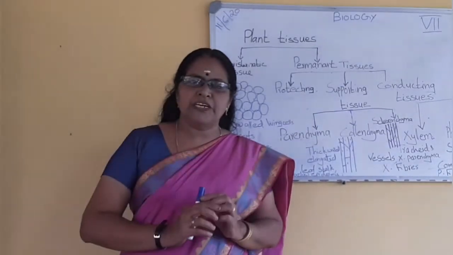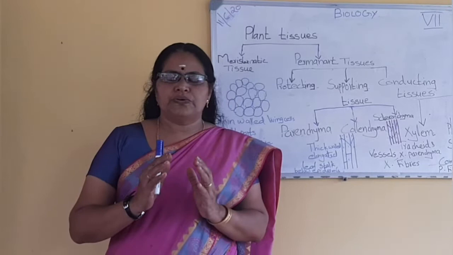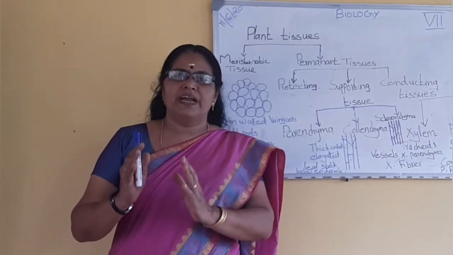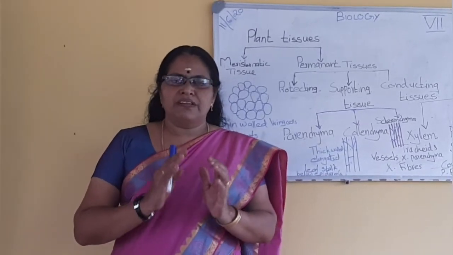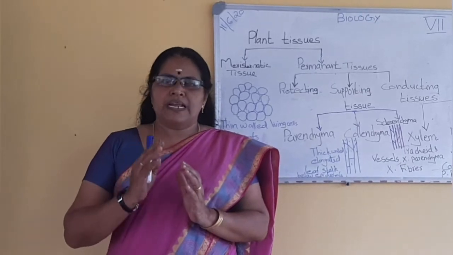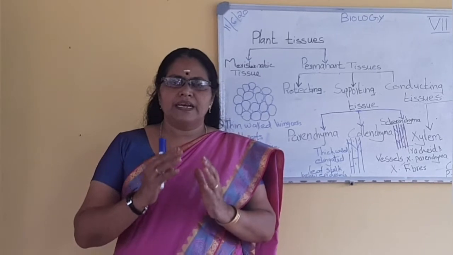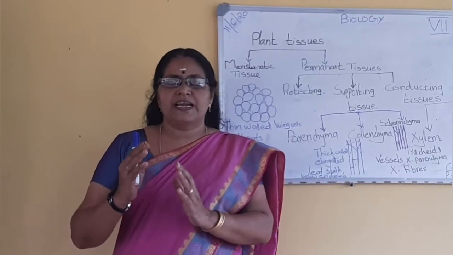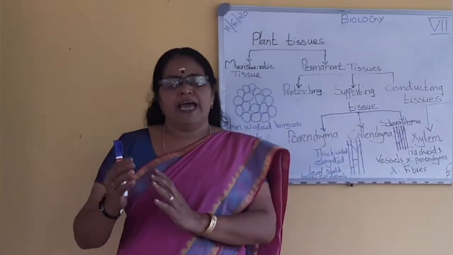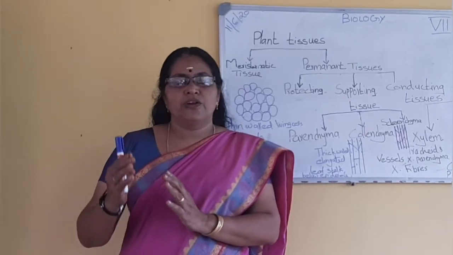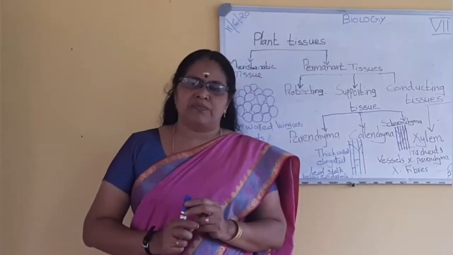So what is a permanent tissue? Permanent tissue consists of non-dividing cells. The meristematic tissue contains the dividing cells. So when the plant grows, those dividing cells stop their activity of division and become permanent to specialize in the various functions of the plant.